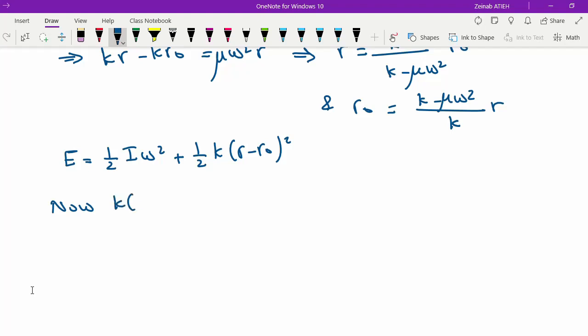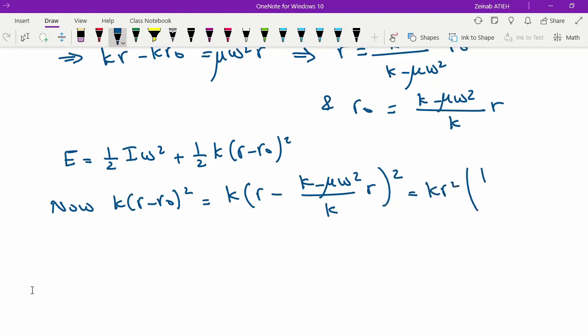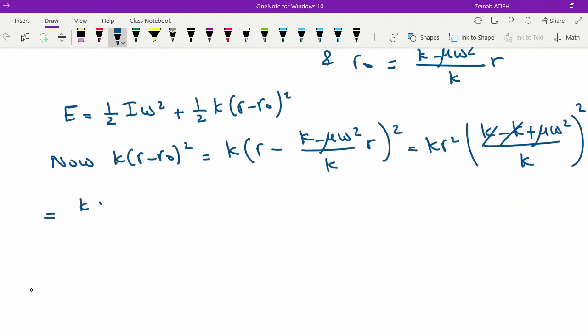Now let's change the expression of k(r minus r0) squared to something similar to I omega squared. So k(r minus r0) squared equals, substituting r0 with its value from above, k(r minus (k minus mu omega squared)/k times r) all squared. It equals k r squared times ((k minus k plus mu omega squared)/k) squared, which equals k r squared mu squared omega to the 4 over k squared, which is r squared mu squared omega to the 4 over k.